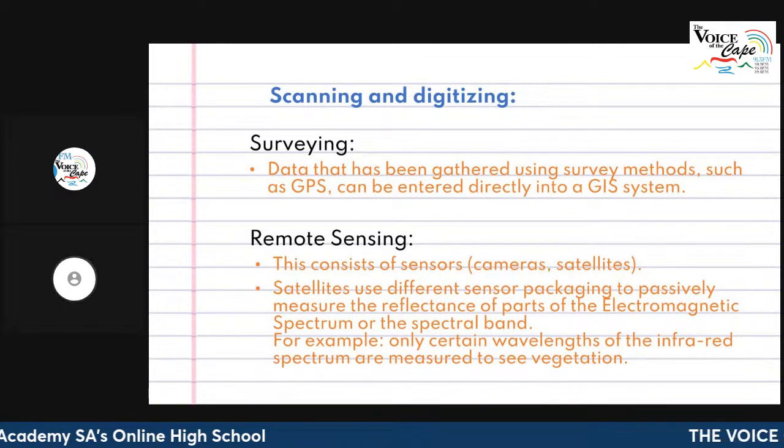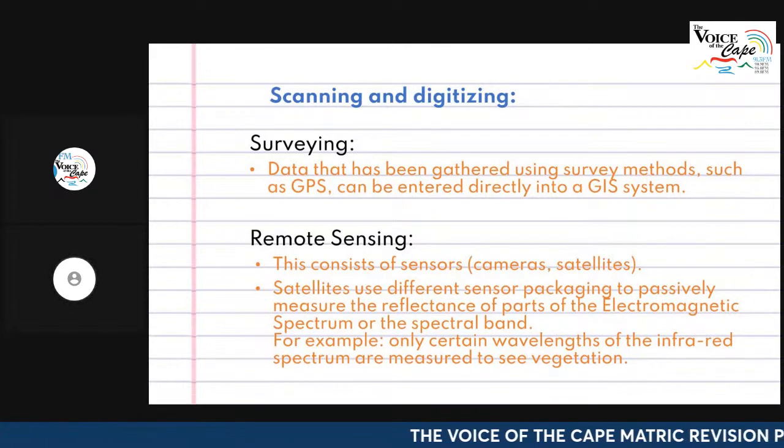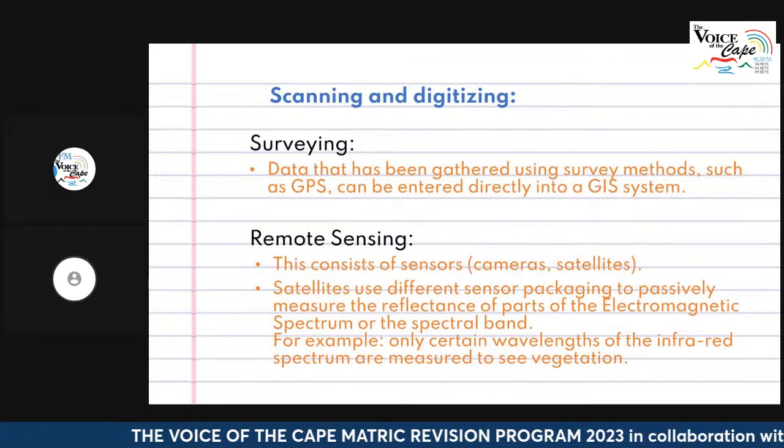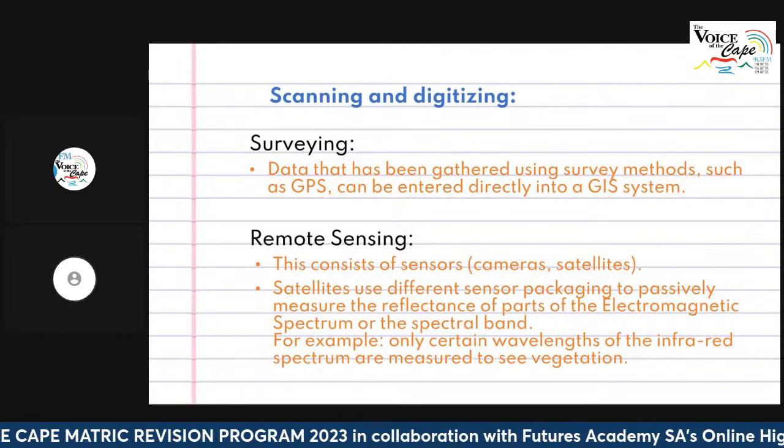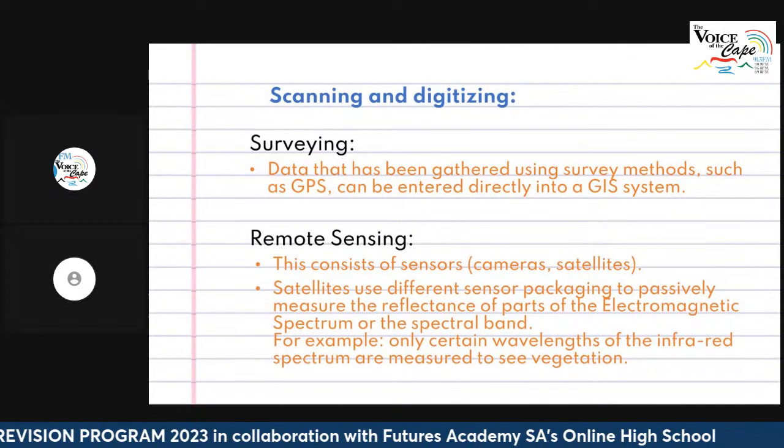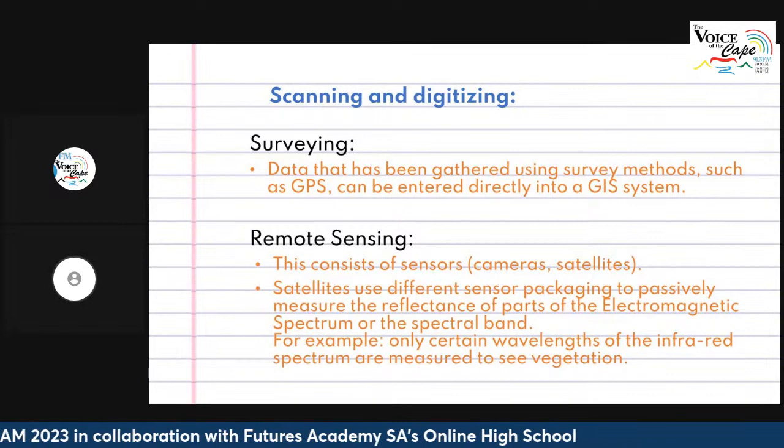Now, in order for us to gather data, we require a certain amount of survey methods. We can get this, for example, from our GPS systems, which can then be entered directly into a GIS system. Or we get something called remote sensing.